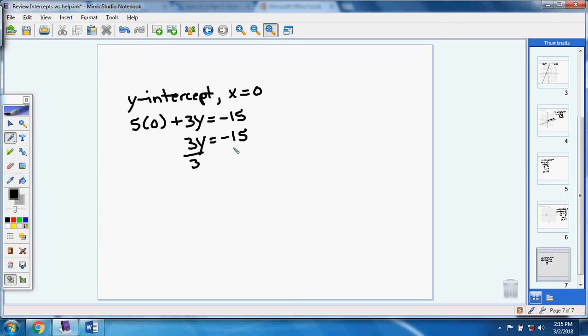Simple division. And ordered pair. Once you have your ordered pair again, let's go ahead and plot. I'll give you about 15 seconds to finish writing.